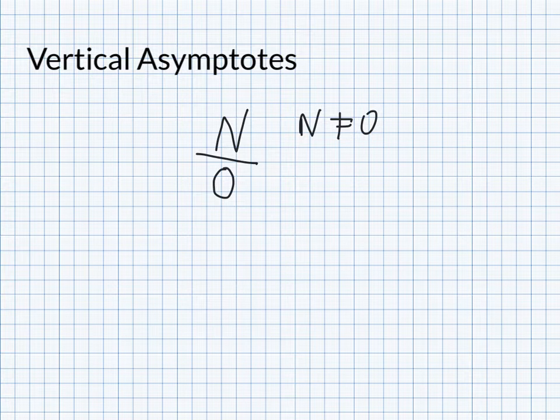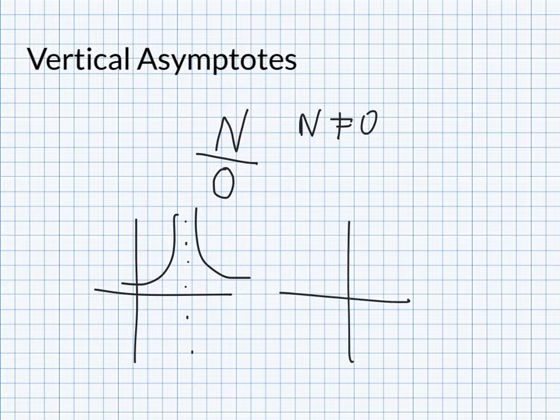The nice thing about this is every time you know you're dealing with an asymptote, the graph can only do one of three things. Either both sides of the graph are going up to infinity, both sides of the graph are going down to negative infinity, or one side will be going up and the other side will be going down.